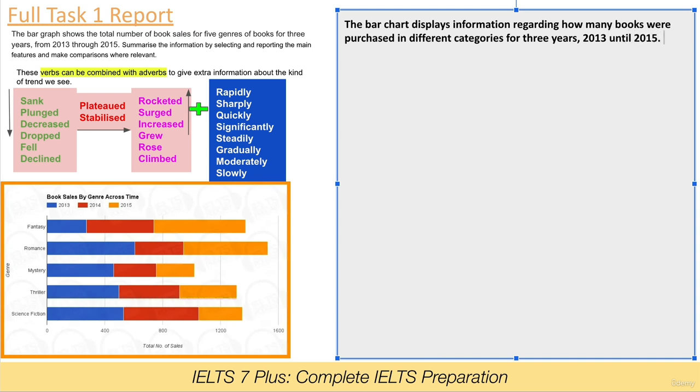Let's have a read back. The bar chart displays information regarding how many books were purchased in different categories, another word for genres, in 3 years, 2013 until 2015.